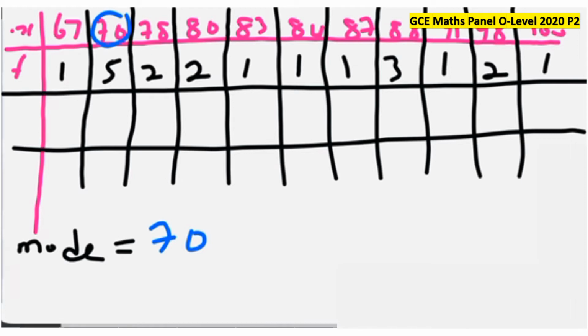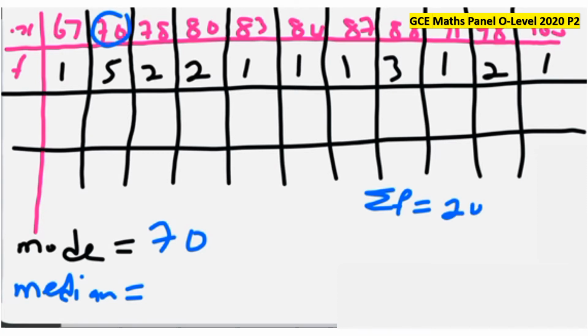Then to find the median score, when you look at this table, the total number of scores is 20. Dividing 20 by 2 gives 10, so there will be 10 on the left hand side and 10 on the right hand side.